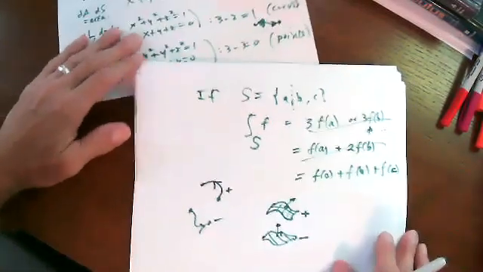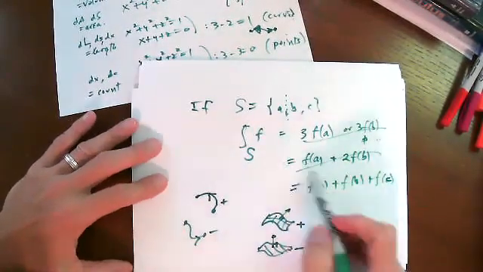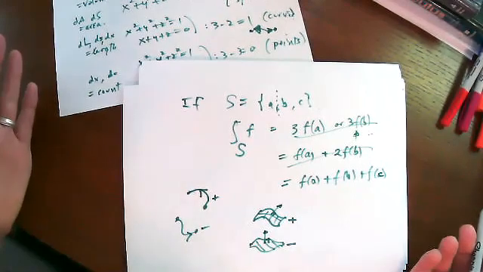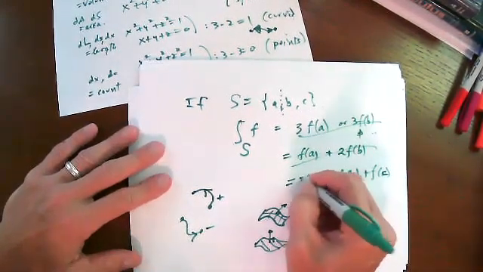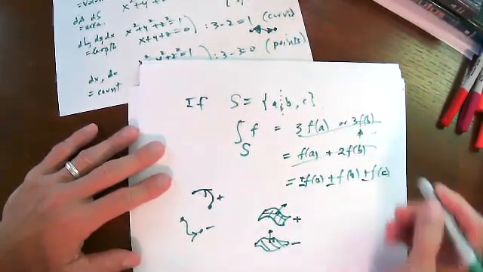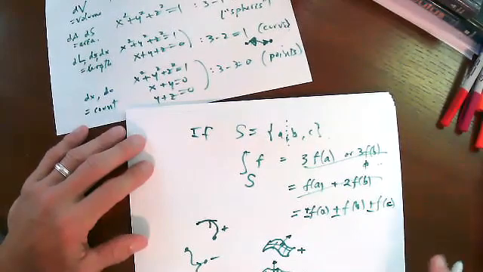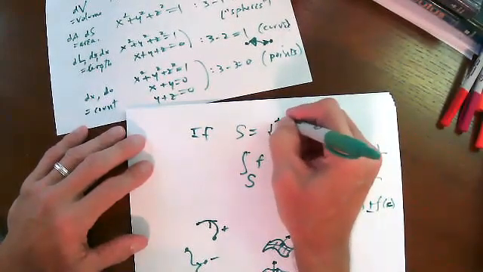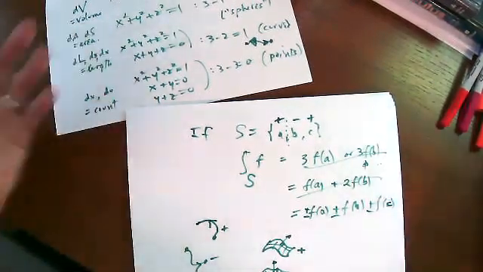The reason that I go through all that is because even in zero-dimensional integrals, it makes sense to add up all these values in some cases, but depending on your application, you might want to be subtracting some of them. So in other words, you need to look at these points inside your finite set and assign each one of them either a plus sign or a minus sign, depending on your application.